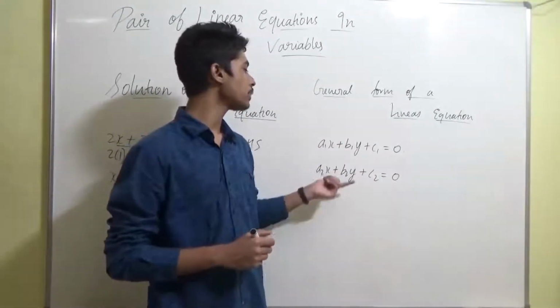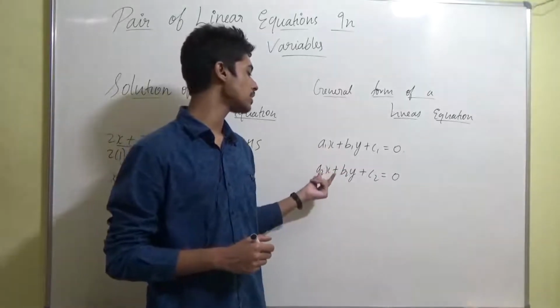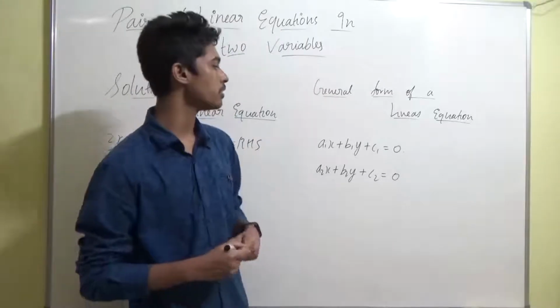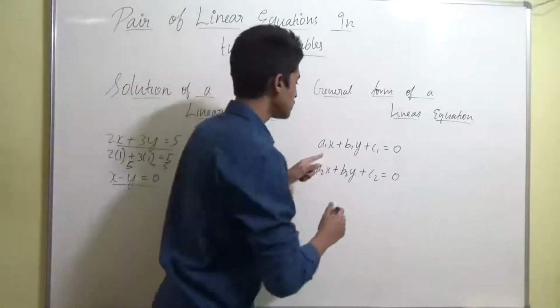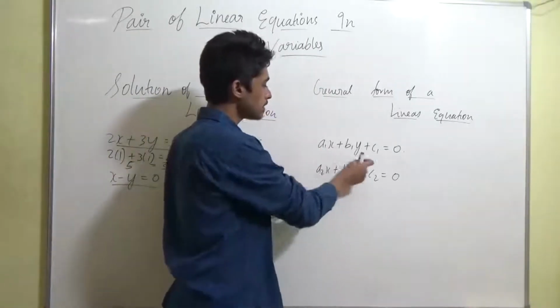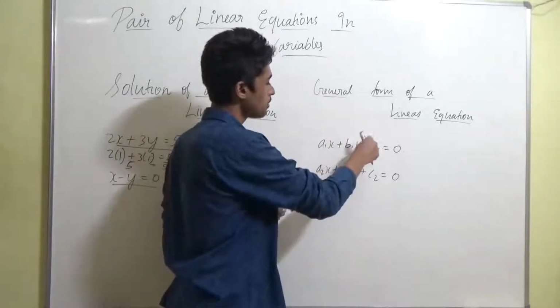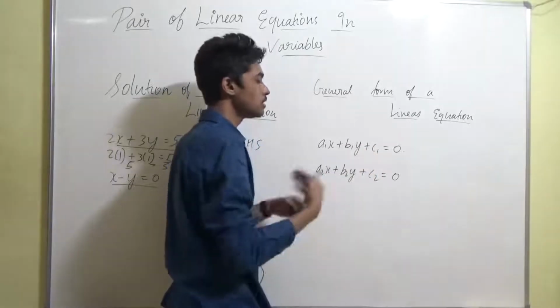And the second equation we represent as a2x plus b2y plus c2 equal to 0. For example, guys, what doesn't change in these equations is x and y; they will be the same. The values of these constants will change.